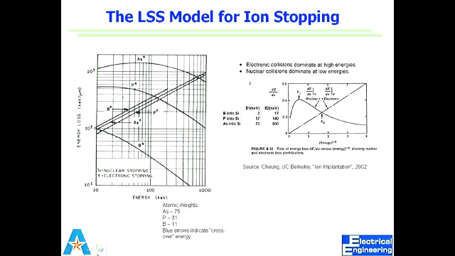If you look at boron, the more energy you give it, all the stopping is electronic, not nuclear. But if you look at phosphorus, you see that the crossover occurs at much higher energy. For boron, it starts at 10. For phosphorus, it happens somewhere between 100 and 50.